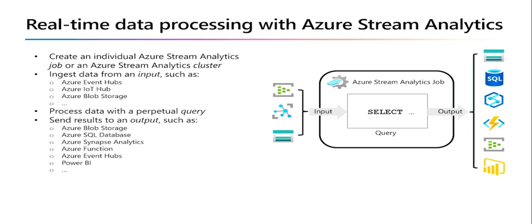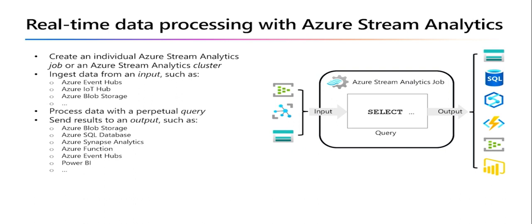The output from stream processing is often sent to services like Azure Event Hubs, which is used to queue the processed data for further downstream processing. It can also go to Azure Data Lake Store or Azure Blob Storage, which will persist the processed results as a file.